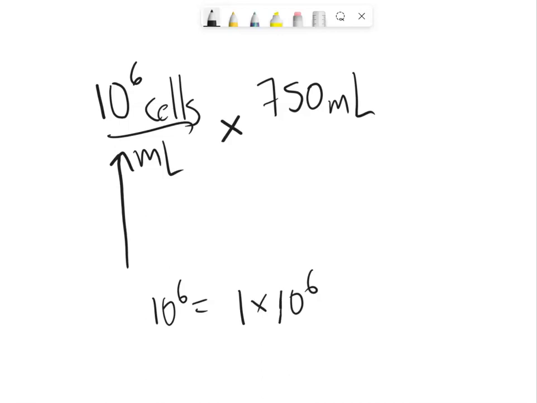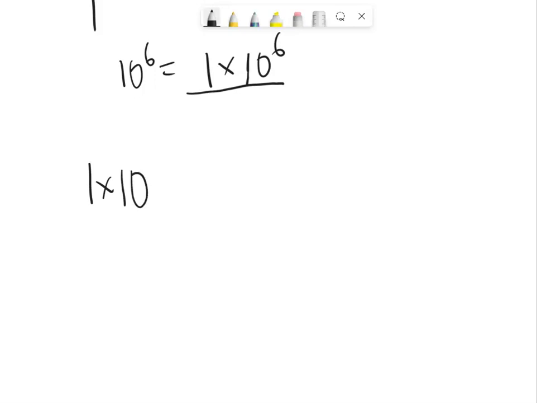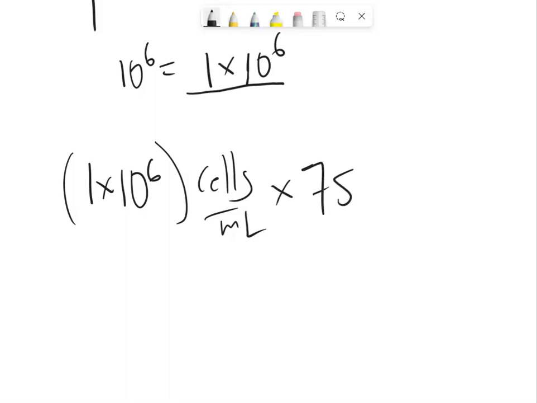And this is in scientific notation. So we can rewrite what we need to do here as 1 times 10 to the 6th, and that's in units of cells per milliliter. And we have to multiply that by 750 milliliters.